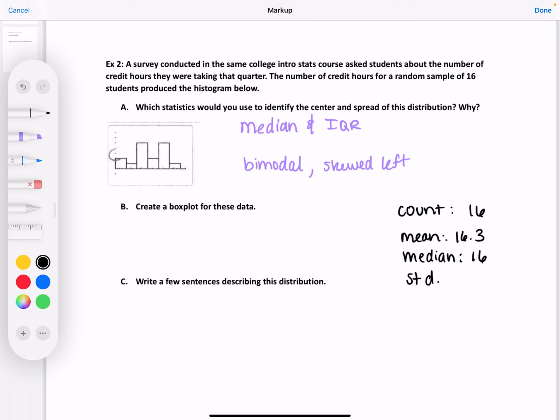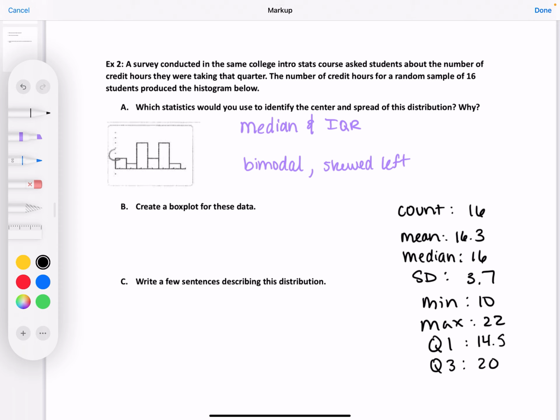The standard deviation, I'm just going to write this as SD, is 3.7, min 10, max 22, Q1 14.5, and Q3 is 20. So if you were going to create a box plot for these data, what would you do? Don't die on us, Ethan. You would do your math to get your fences.